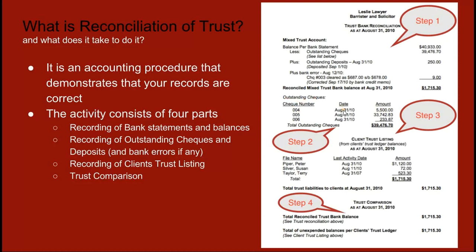Okay? So that's really step one, as part of your pooled trust account, mixed trust account: what is your balance per bank statement? That's the number one thing, which you obviously know when you open up your electronic bank account or any other means of opening up your bank balance.